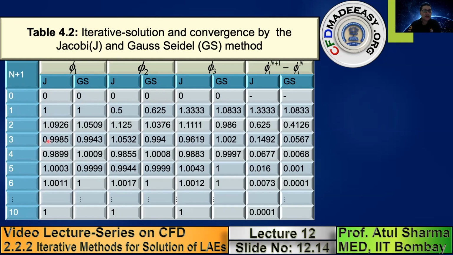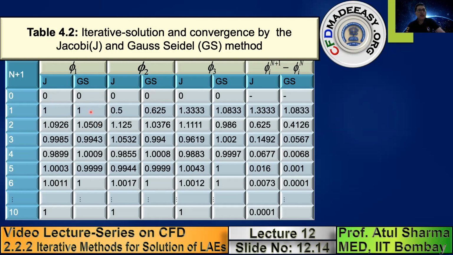So as you can see the change in the iteration, this is the way Jacobi iteration is changing for phi1, this is the way Gauss-Seidel method is changing. This is for phi2, this is for phi3, and this is the error for various iterations. This table shows the variation in the values of phi1, phi2, phi3, and the error as the iteration increases.